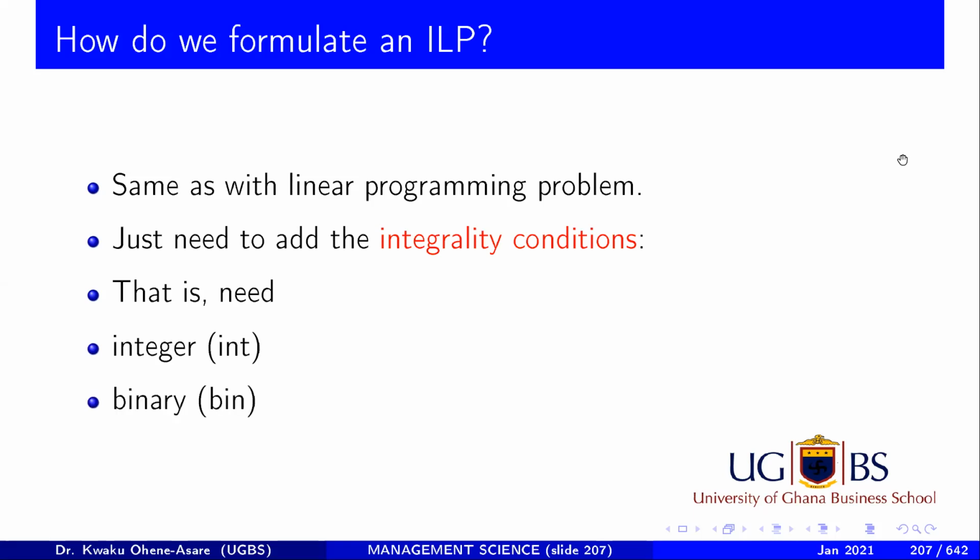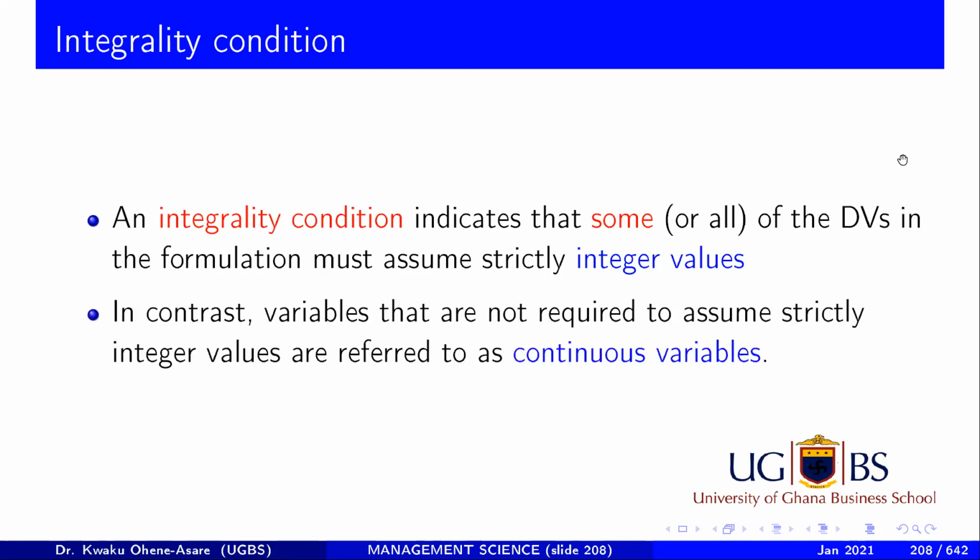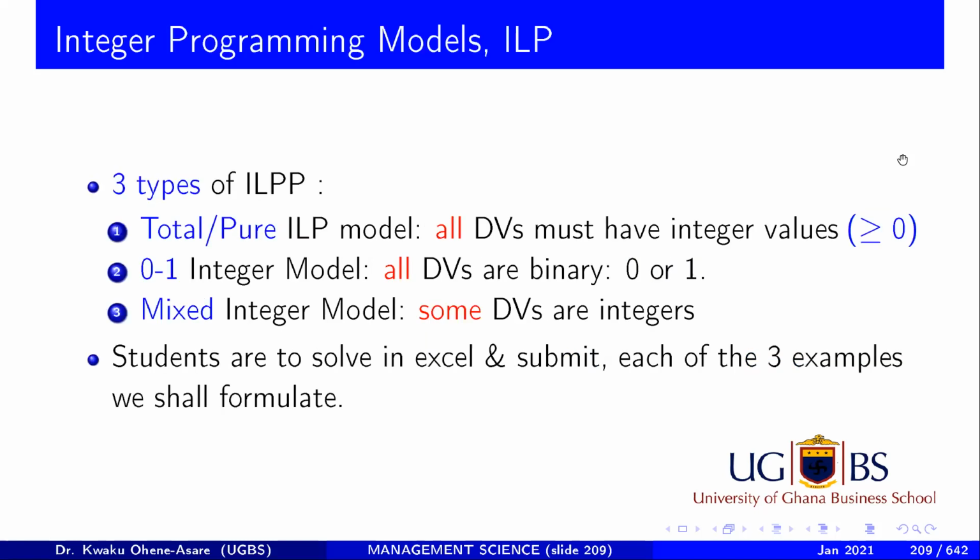Sometimes you need bin, binary. So an integrality constraint will tell you that all of the decision variables are not just non-negative, not just zero or positive, but whole numbers. Unlike variables that are not required to assume strictly integer values, which are called continuous variables. So continuous variables have decimals.